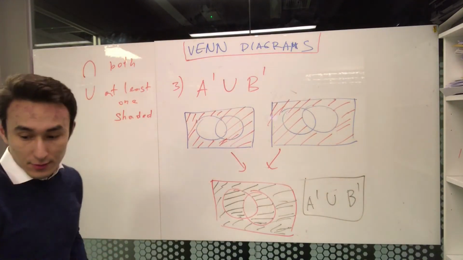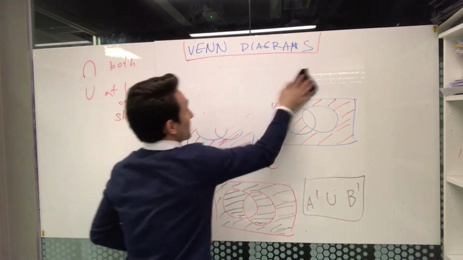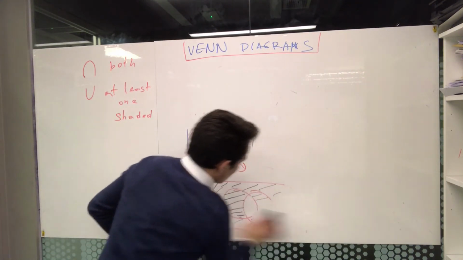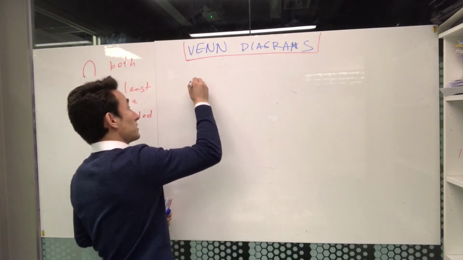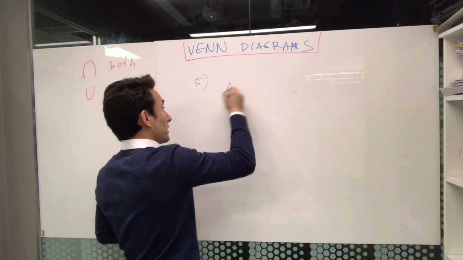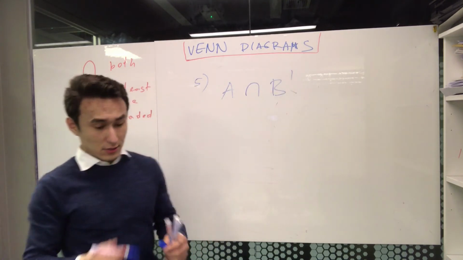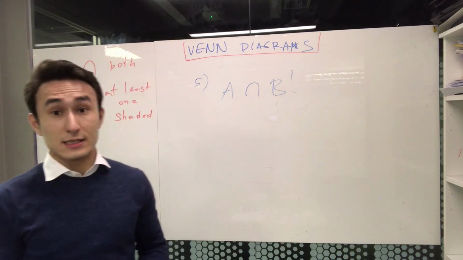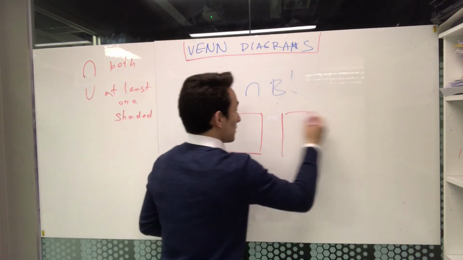Okay, so one last example on Venn diagram, and we'll call it here. So example like this. How about this? Question 5, right? A intersect not B. Now A intersect not B. We'll do the two-step process again. So draw the two Venn diagrams.